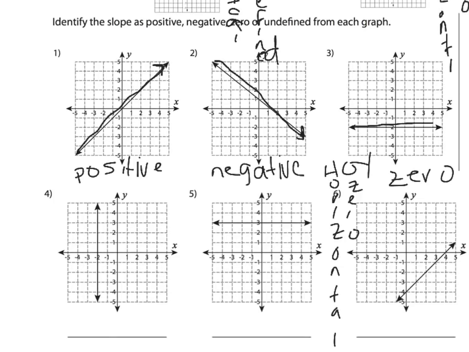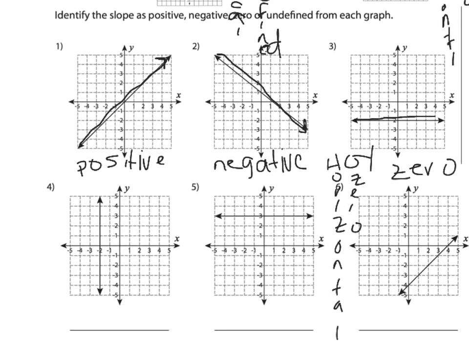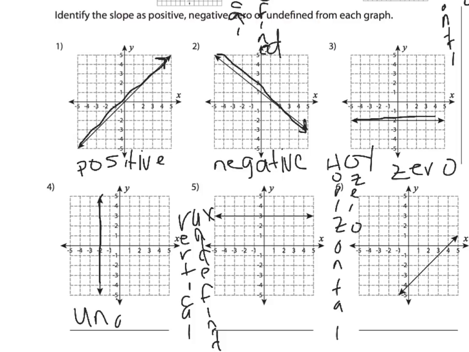In example number 4, you have a vertical line. In this case, you can use the acronym VUX. Vertical equals undefined. So this line's slope would be undefined.